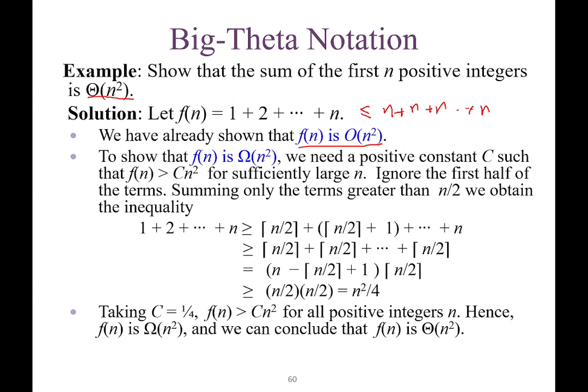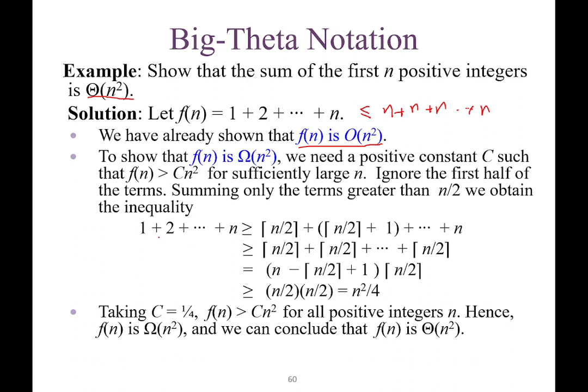Next, we need to show that f of n is also big omega of n squared. Remember the definition of big omega: the absolute value of f of x is larger than c times the absolute value of g of x when x is larger than k. Let's see how we show that.